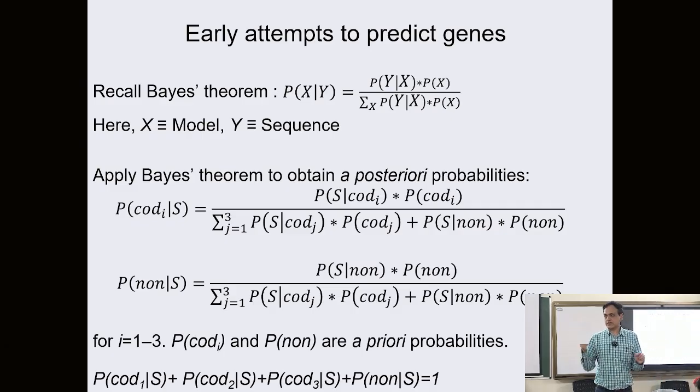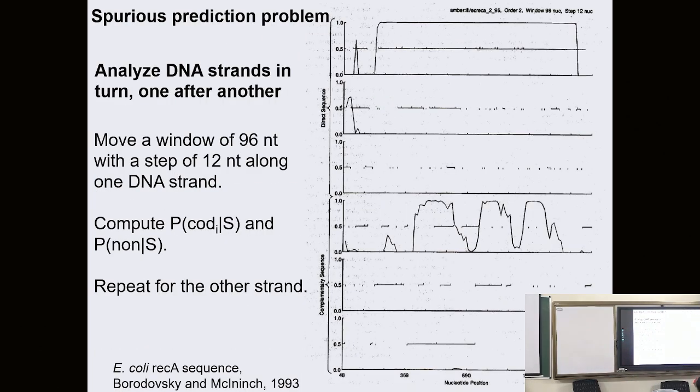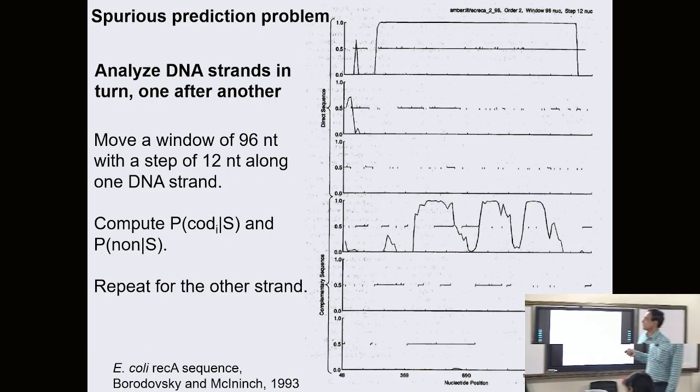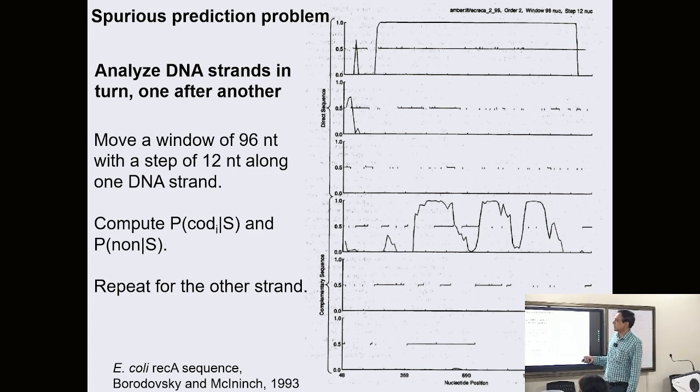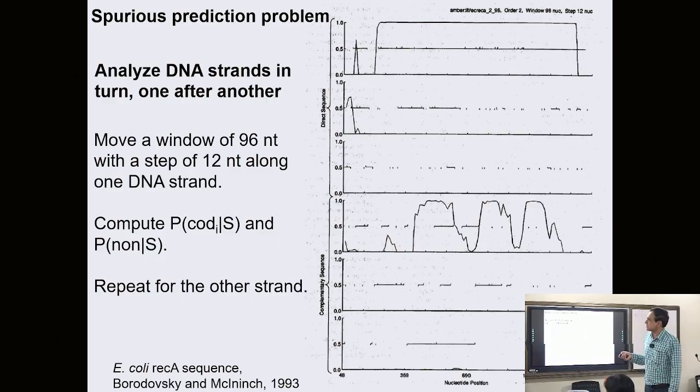So, first the posterior probabilities were plotted for the direct sequence and then for the complementary sequence. And what was observed was that the strand opposite to where a gene was earlier predicted also had some signals at that location.